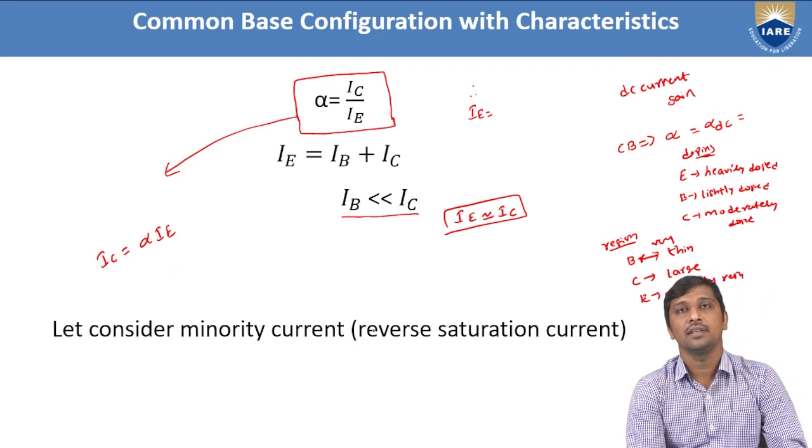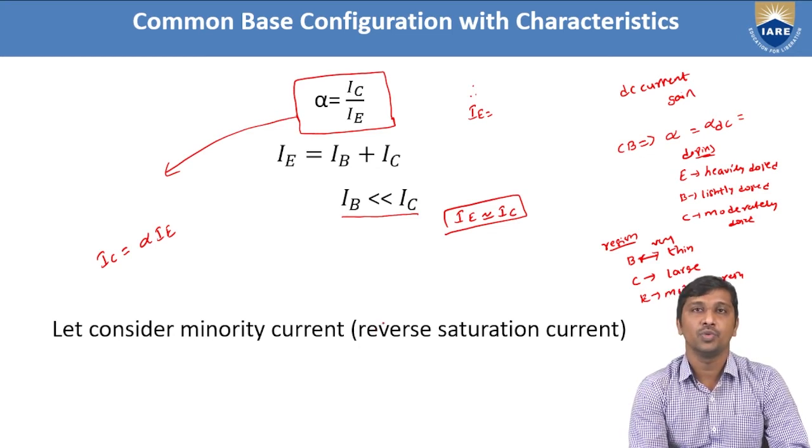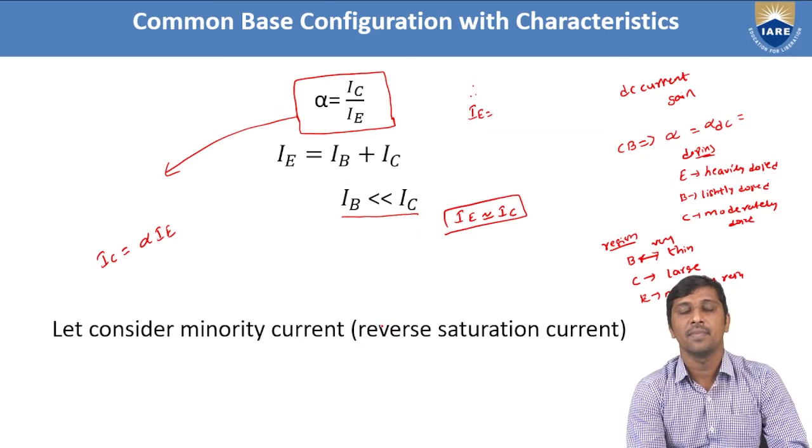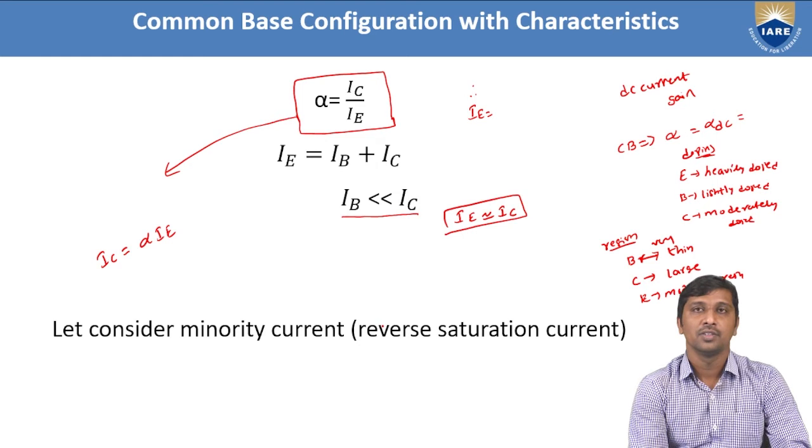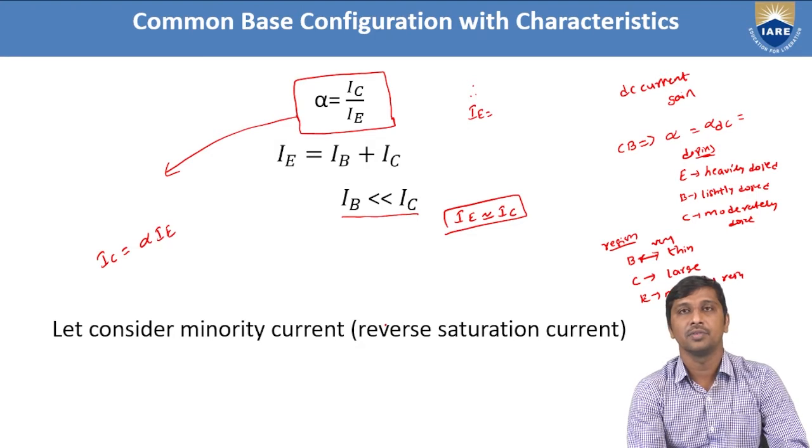But we know that in a BJT, the conduction depends upon both charge carriers, the majority charge carriers as well as the minority charge carriers. If you consider the minority charge carriers, the collector base junction is open circuited.